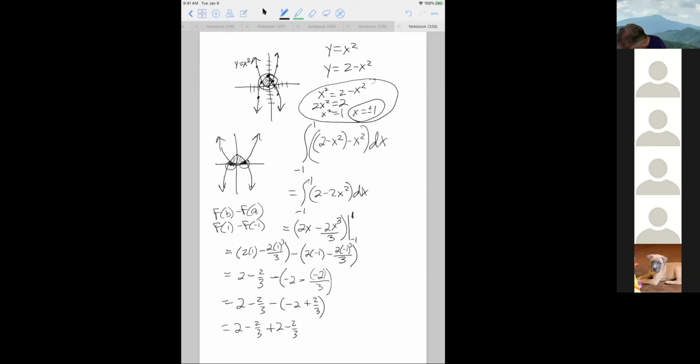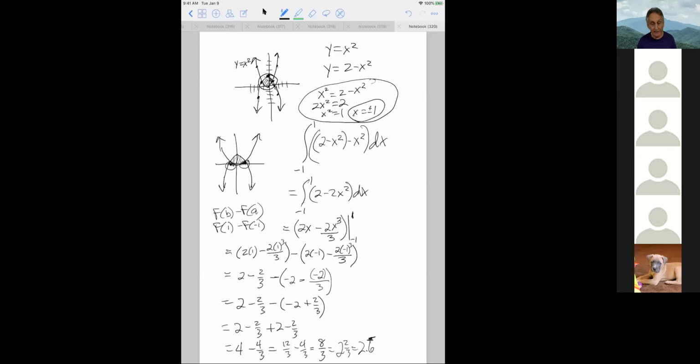And that gives me 4 minus 4/3, which is, what is that? 12/3 minus 4/3 equals 8/3. And if you do that on your calculator, it should be what? It goes in there twice with 2 and 2/3. So that's 2 and 2/3, which is 2.6 repeating forever.